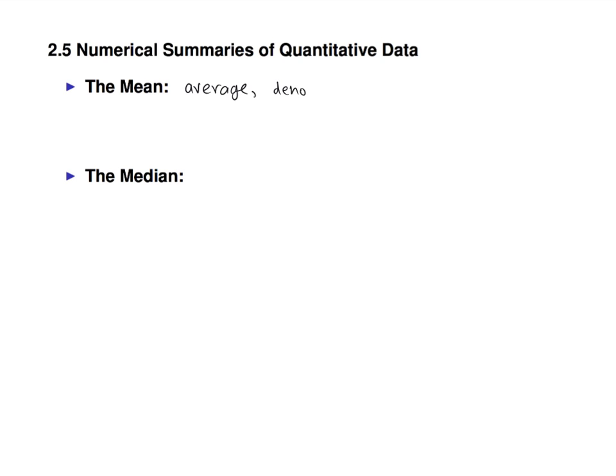It's denoted X with a line over the top. This is X bar, okay? So in this class or other statistics classes, people will say, oh, what's X bar? That means the mean or the average, okay?